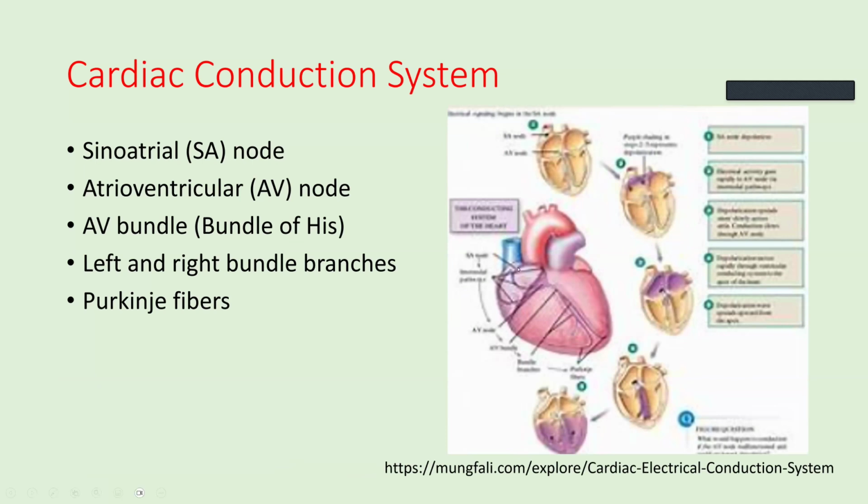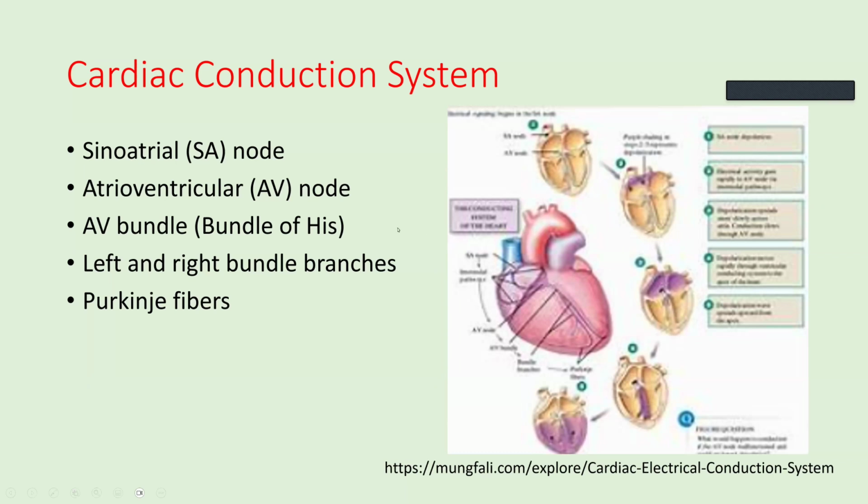It helps ensure your heart has a heartbeat rate of 60 to 100 times a minute for an adult. It is located in the upper right atrium of the heart near the superior vena cava, and it generates electrical signals that cause the upper chambers of the heart, the atria, to contract.